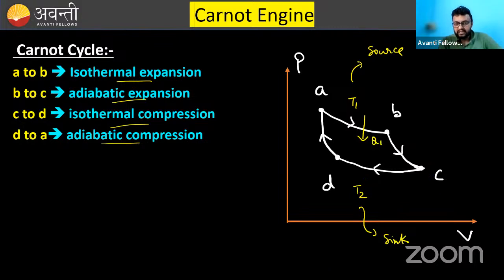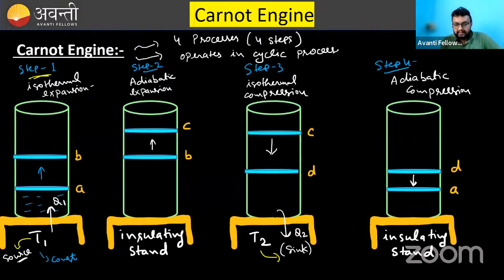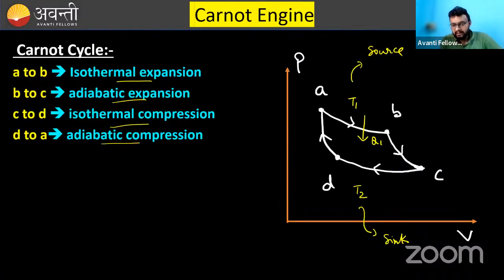During the process CD, we have assumed that Q2 heat is rejected by the system. So I will mark it here. This is your Carnot cycle. You need to remember it because it is directly asked in your exam. Two processes are isothermal, two are adiabatic.